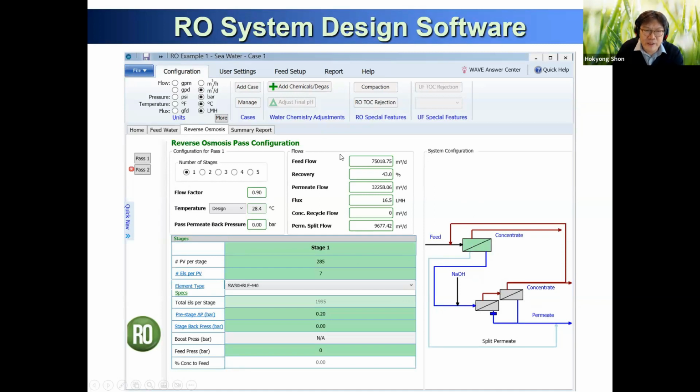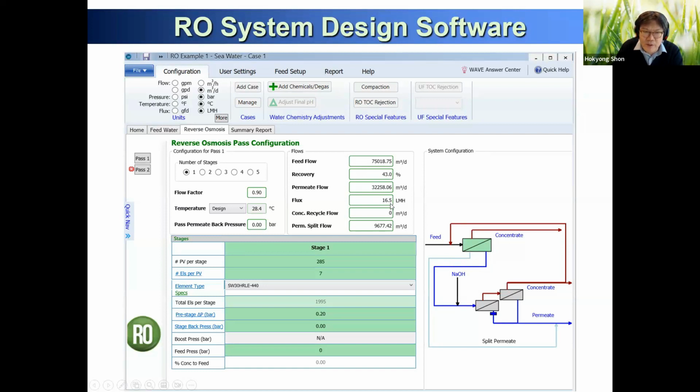You have to design your feed initially: 75,000 cubic meter per day coming in. Recovery is 43%, then permeate of 32,258 cubic meter per day goes to the second pass.